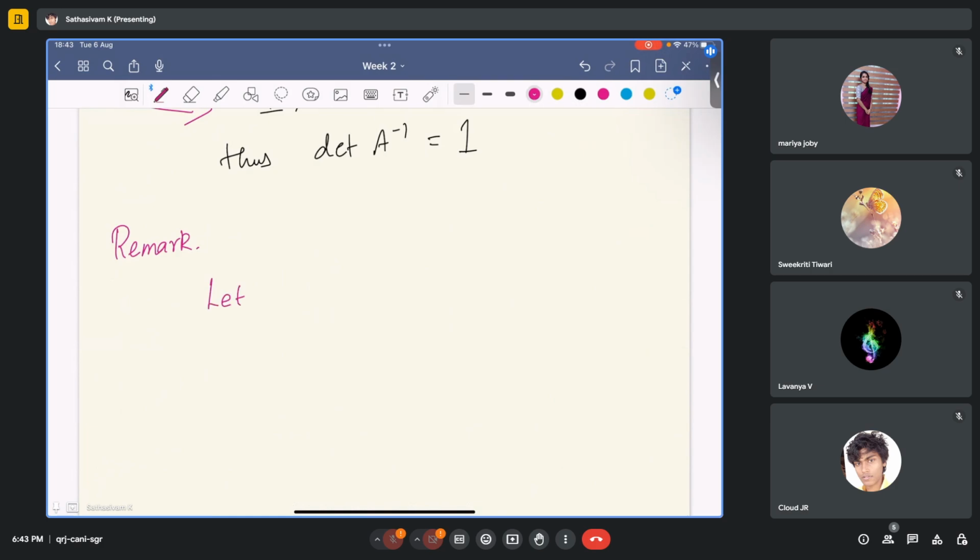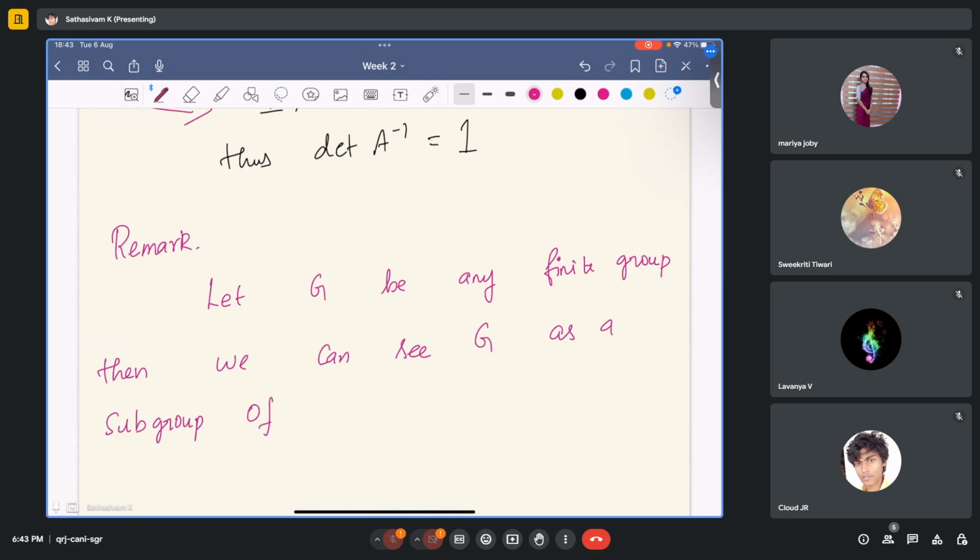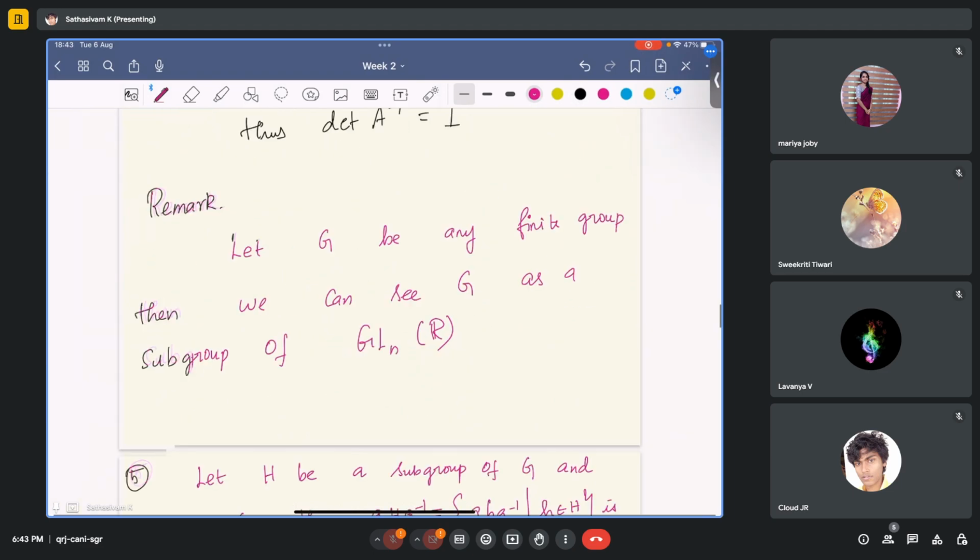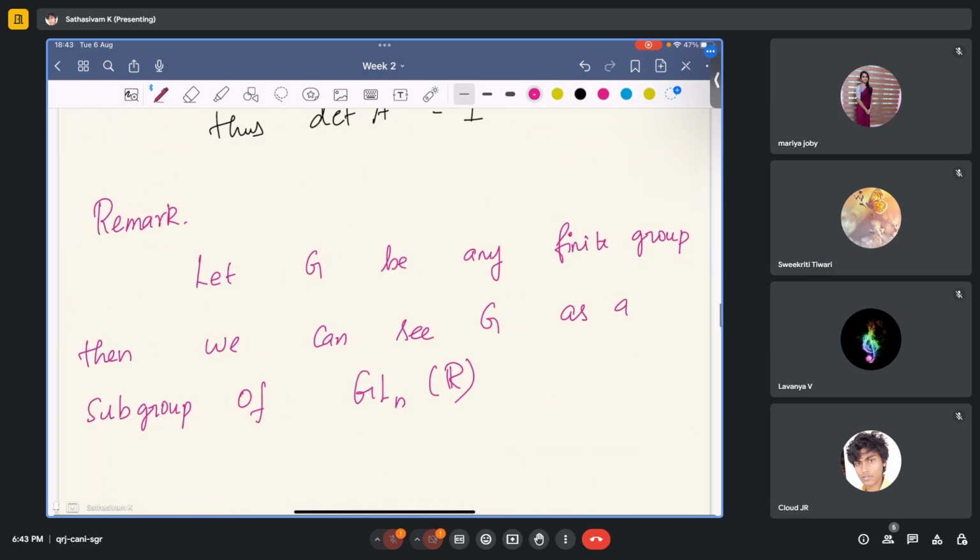So let G be any finite group. Then we can see G as a subgroup of GLn, let's say over any field, but I'll just put R. It doesn't matter, you can put any field you want, for a large enough n, so for some n.